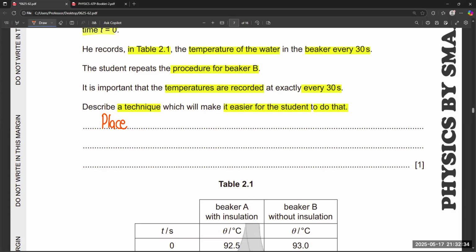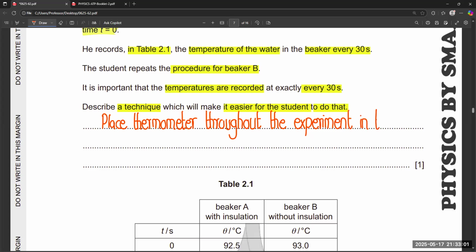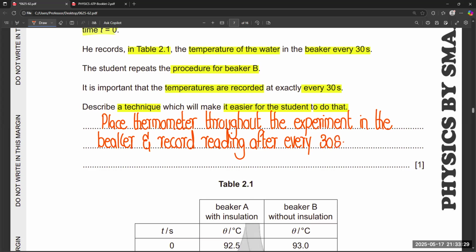That's why you have to place the thermometer in the beaker throughout the experiment and record the reading after every 30 seconds. Simple.